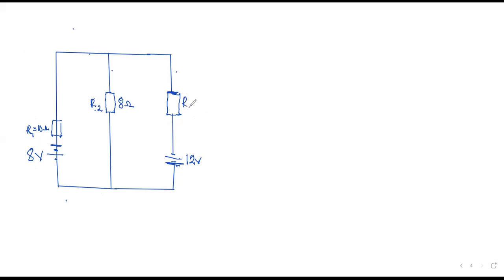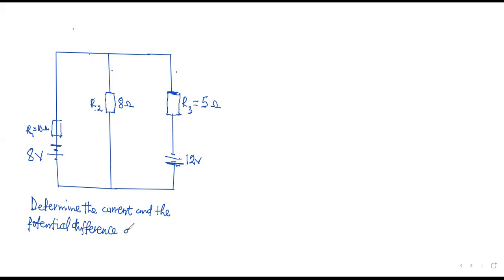Then this is R3 of resistance 5 ohm. The question is that determine the current and the potential difference across the 8 ohm resistor.